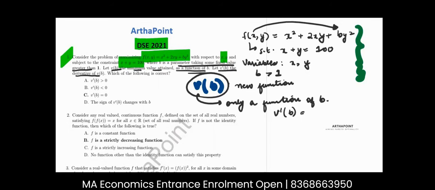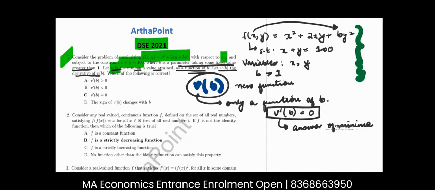Whenever you have to minimize any function, because V of b is the minima, what do you do? You find its derivative and you equate it to 0. Only that gives you the answer of the minima. Isn't it?